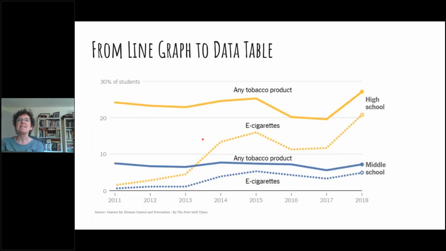Okay, so I went back to this line graph to data table because I wanted to show you where this information comes from. Do you know what I'm talking about when I say a data table? Yeah, it's like a table that has recorded data.